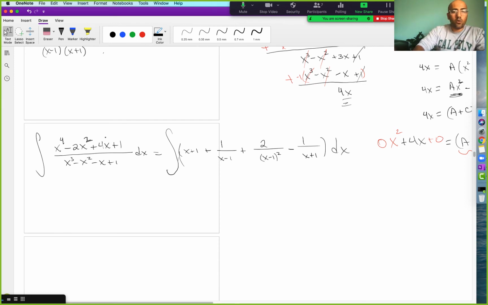Okay, so it was a whole lot of work to go from here to here, and then that's where the payoff comes in, because this turns into several easy integrals, right?